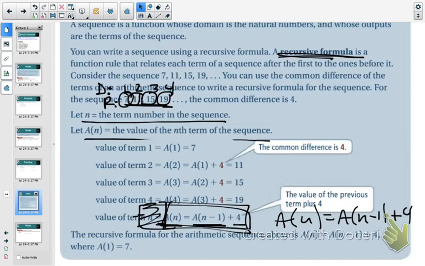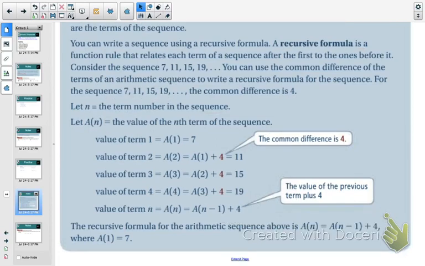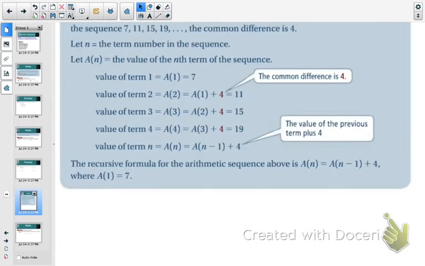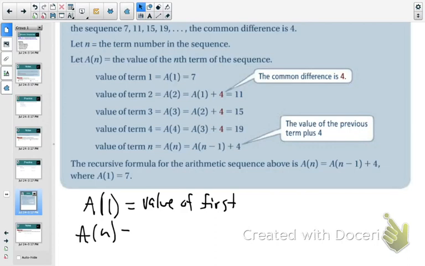Your recursive formula needs to have 2 parts. It needs to have what the first term is, and then the pattern. For an arithmetic sequence, it will always look like this: a1 equals whatever the value of the first term is. And then an is an minus 1, the value of the previous term, plus your common difference, which we'll call d.